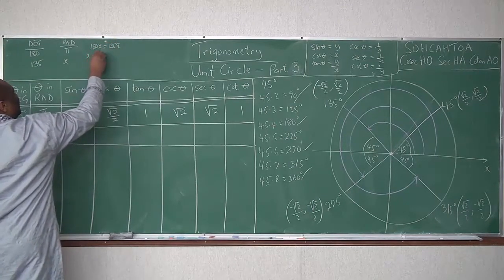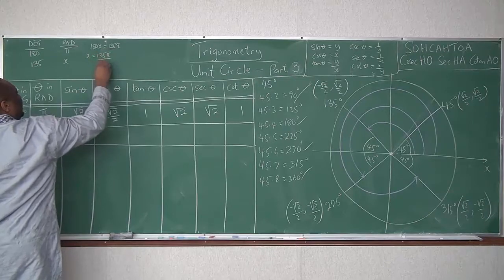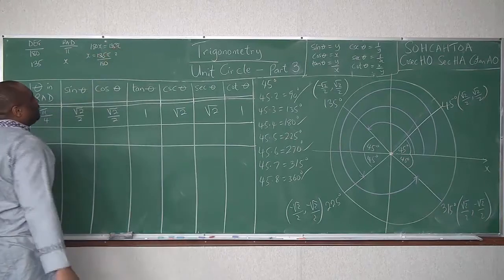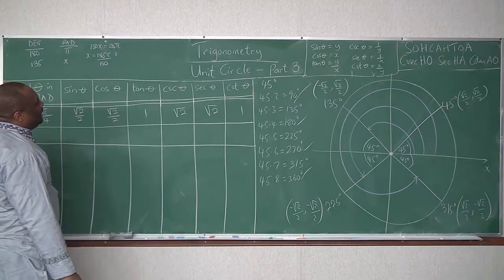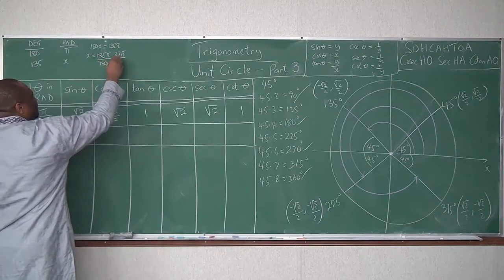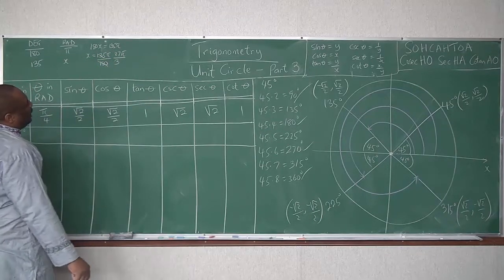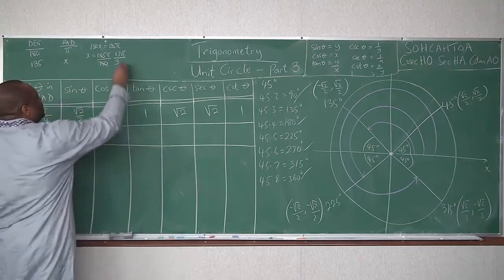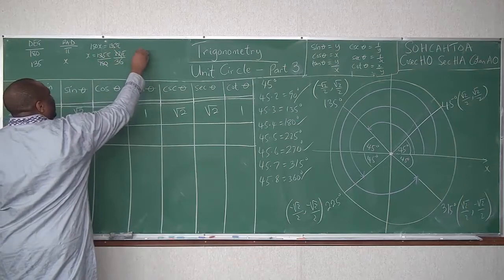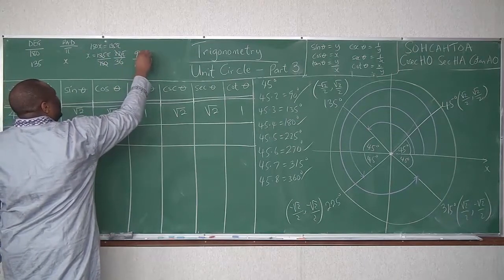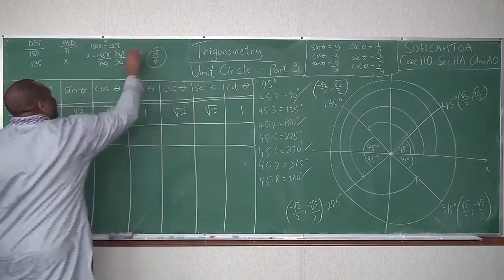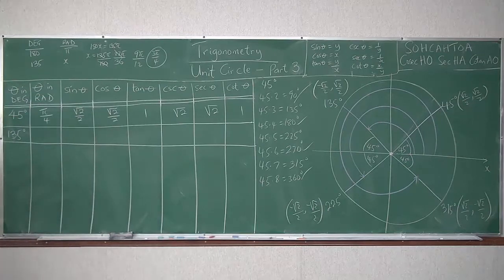So x is 135 pi over 180. 5 into 135 is 27, and 5 into 180 is 36, so 27 pi over 36. 3 can still go: 3 into 27 is 9, pi over 12. 3 can still go again. I would have just done 9. So this is 3 pi over 4.